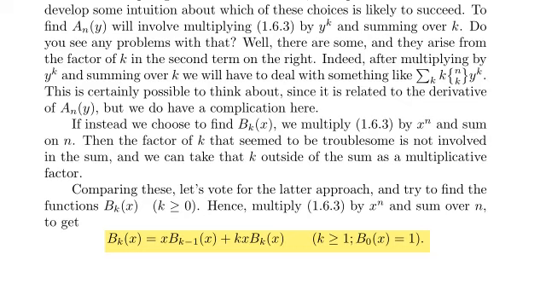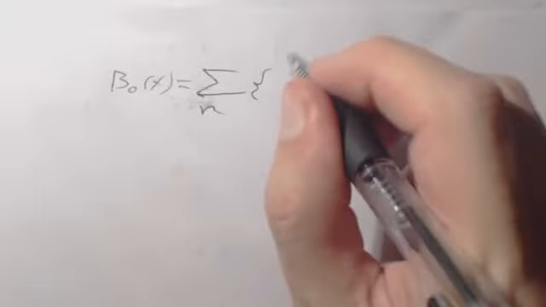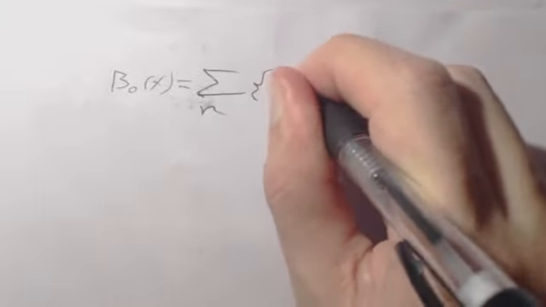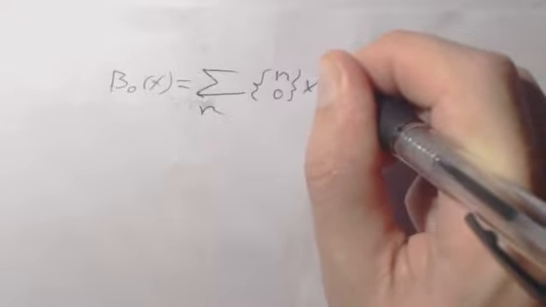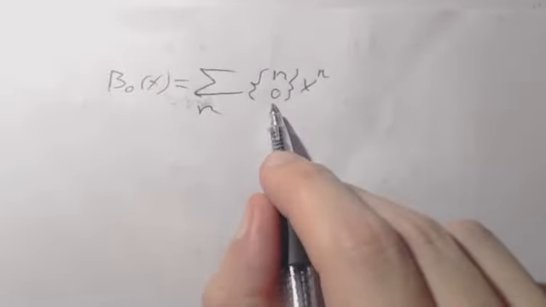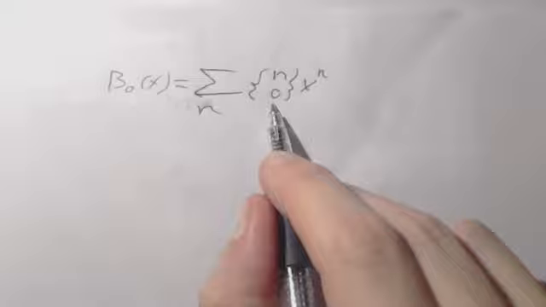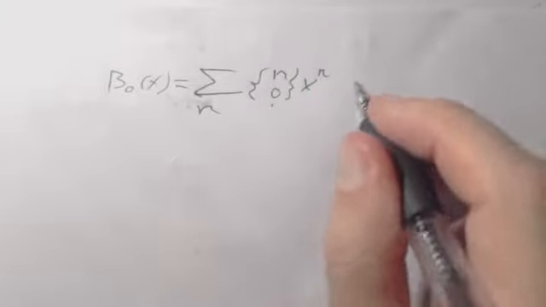So what would b_0(x) be? b_0(x) is the sum over n of S(n,0) x^n, and this is only non-zero if n is 0, so yep, that's just 1.